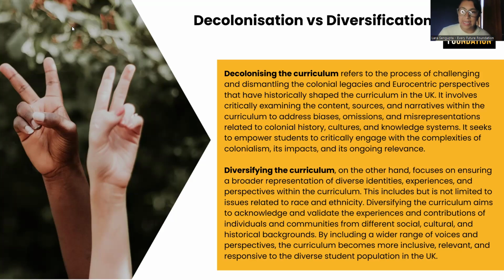So it involves critically examining the content, the sources, and the narratives within the curriculum, and addressing any biases. This can also look like active biases, like stereotypes being shared, but also things that are missed from the curriculum, so omissions and misrepresentations related to colonial history. One example of this could be how we celebrate people involved in the abolition of slavery.